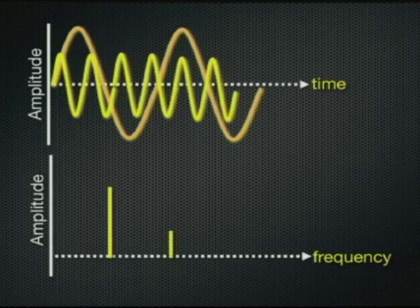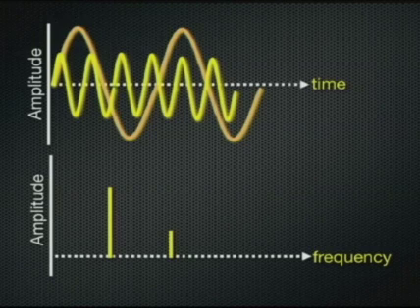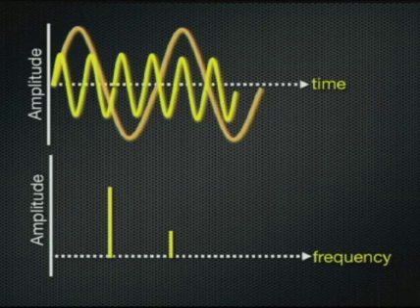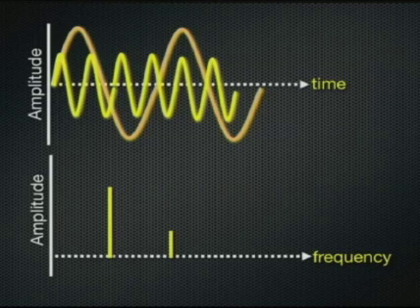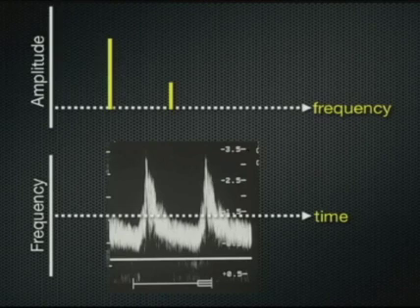If we add a higher frequency, in this case with a somewhat lower amplitude, we can display this as a bar of a somewhat lower height, reflecting the lower amplitude of the waveform, as well as further to the right on the frequency scale, reflecting its higher frequency. If we sample all of the information at all of the frequencies that are returned to the ultrasound device and perform this transformation, we then can generate the information needed to provide the typical spectral waveform.